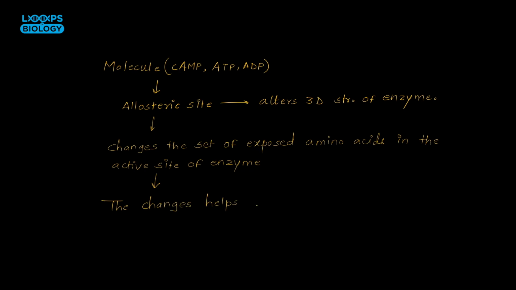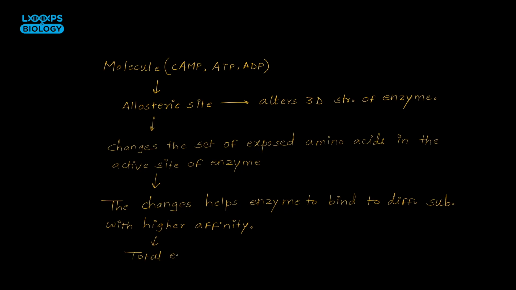So the changes help the enzyme to bind to different substrates with higher affinity, where I am saving energy, because the total energy for new enzyme formation is saved basically.